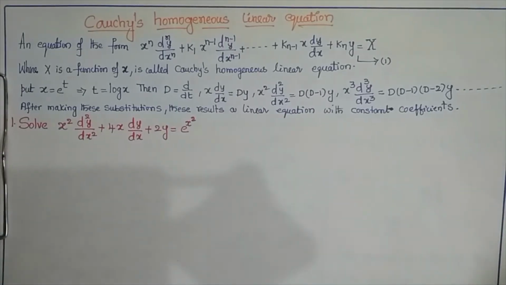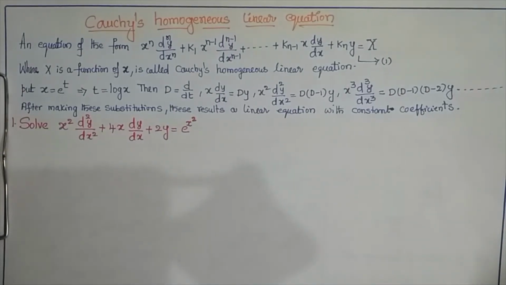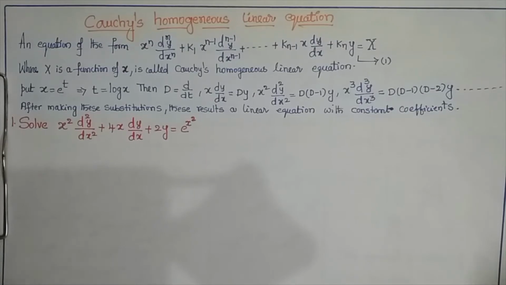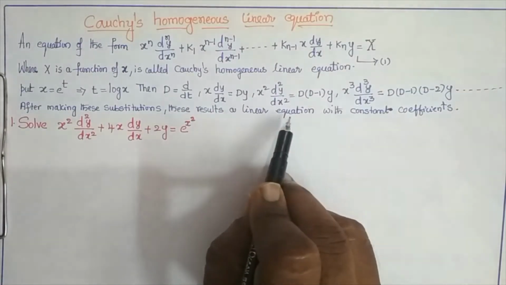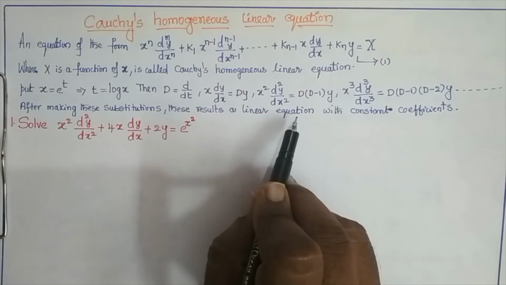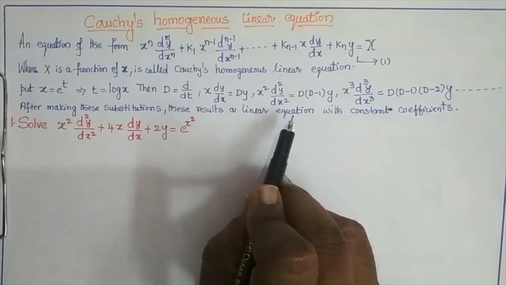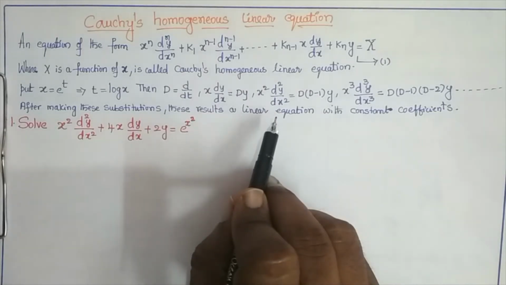Let us substitute these values in the above differential equation, then it will become a linear differential equation with constant coefficients. So we will follow the linear differential equation with constant coefficients solution.